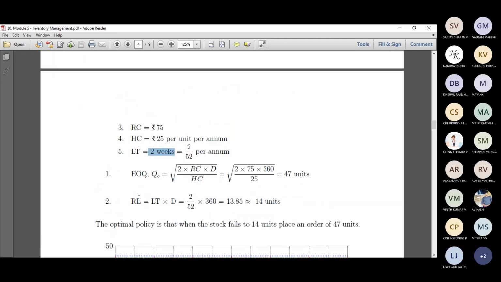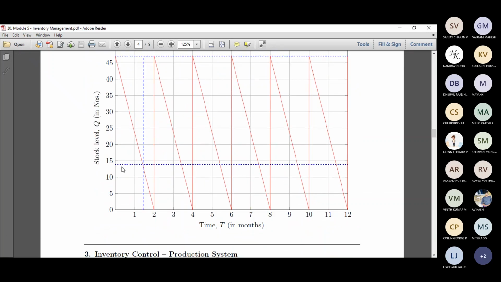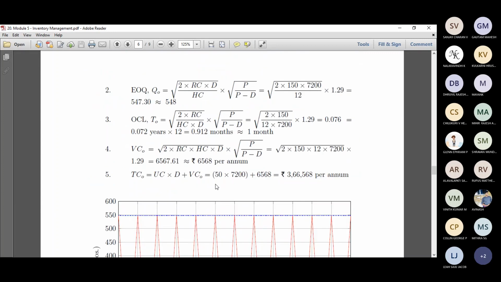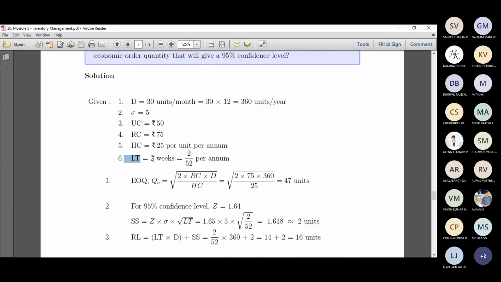From that we find the reorder level. Those concepts are pretty much the same in probabilistic demand as well. With lead time of 2 weeks, we divide by 52 to get per annum. So the economic order quantity is almost the same.